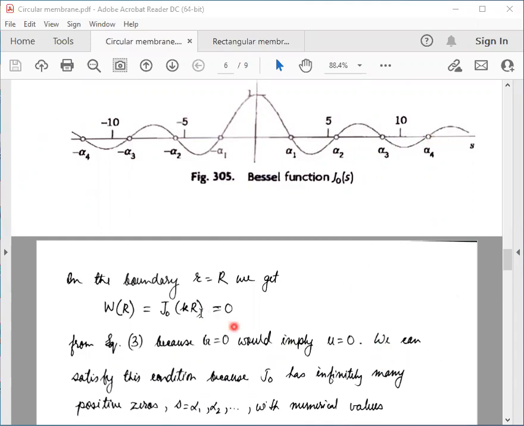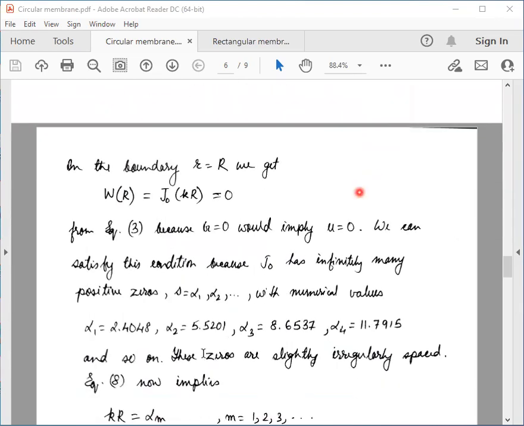We can satisfy this condition because J0 has infinitely many positive zeros, given by s equal to alpha 1, alpha 2, alpha 3, alpha 4, and so on. The numerical values are alpha 1 equal to this value, alpha 2 equal to this value, alpha 3 equal to 8 point something, alpha 4 equal to 11 point something, and so on. These zeros are slightly irregularly spaced.